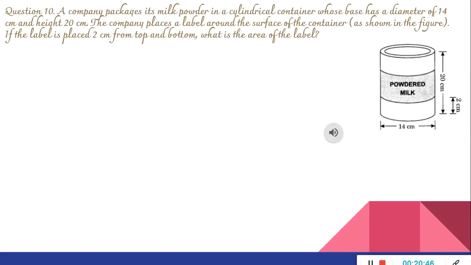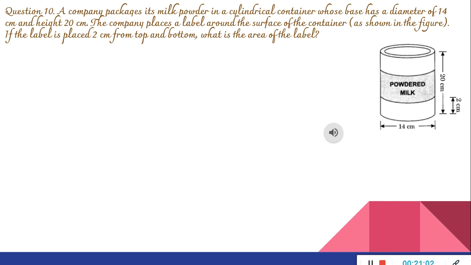Now question number 10, the last question of this exercise. A company packages its milk powder in a cylindrical container whose base has a diameter of 14 centimeter and height 20 centimeter. The company places a label around the surface of the container as shown in the figure.